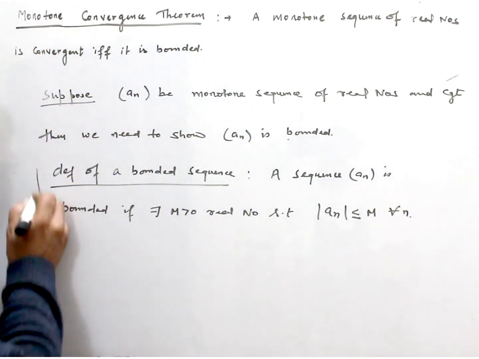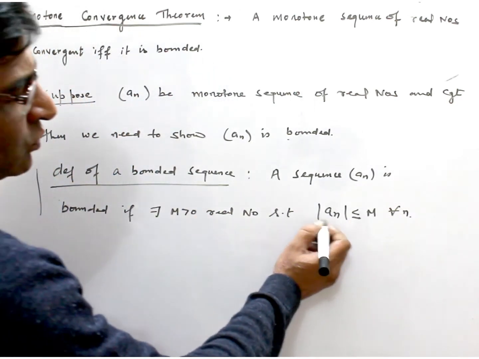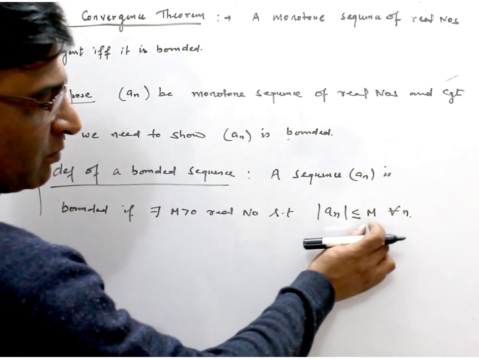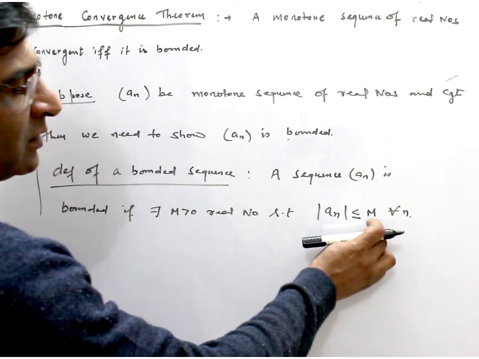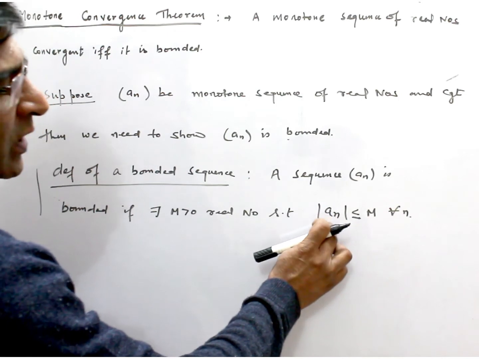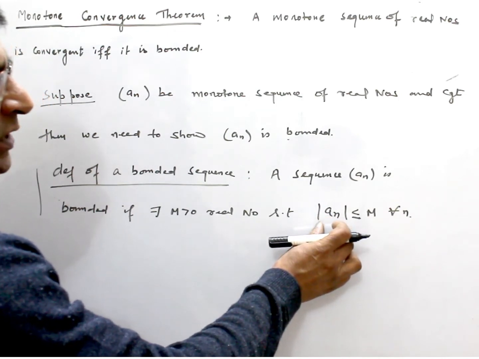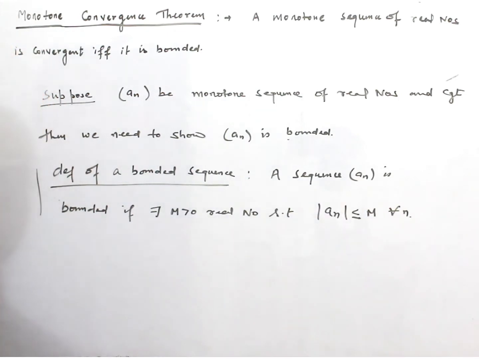That means we have to find some real number m such that for all n, the absolute value of An is less than or equal to m.